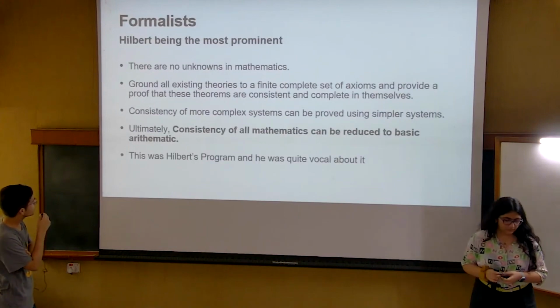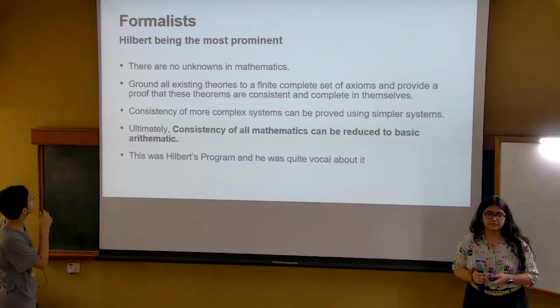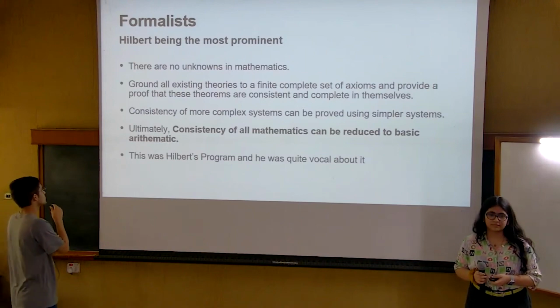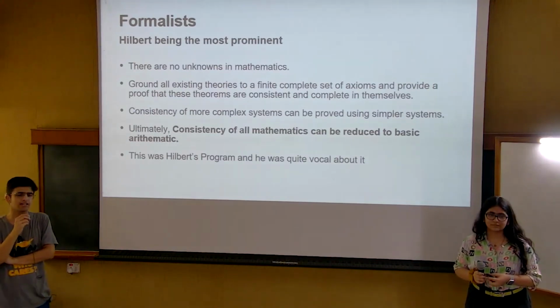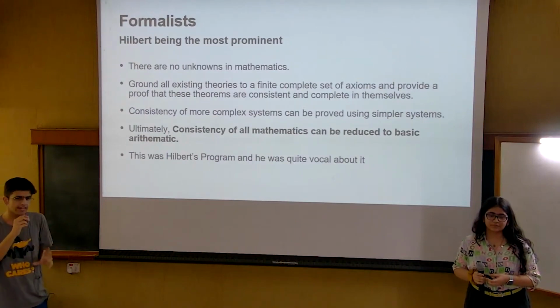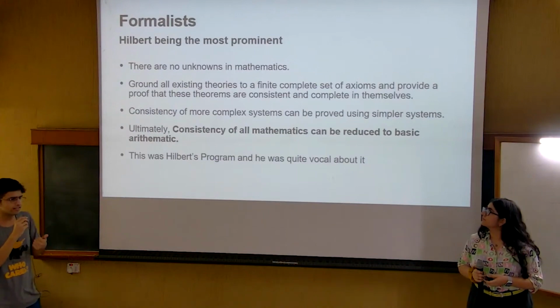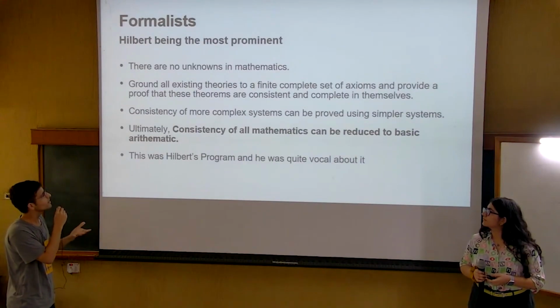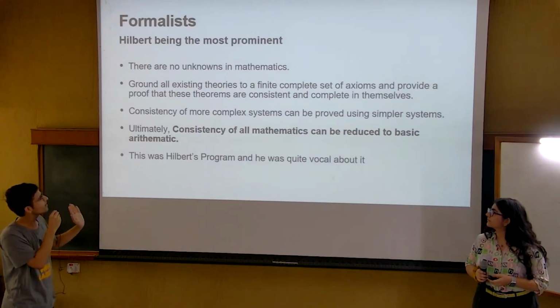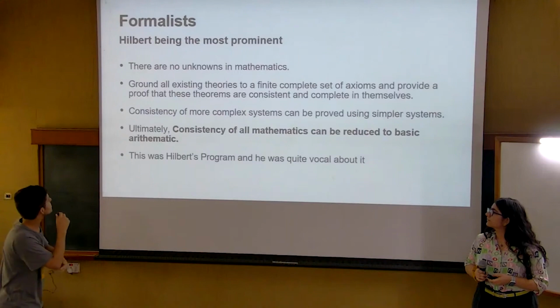After that came the formalists, Hilbert being the most prominent of them. Hilbert thought that mathematics could be described in terms of a finite set of axioms. The finite is the important word here. So we can describe all of mathematics with a finite, complete set of axioms and derive every mathematical aspect from that.